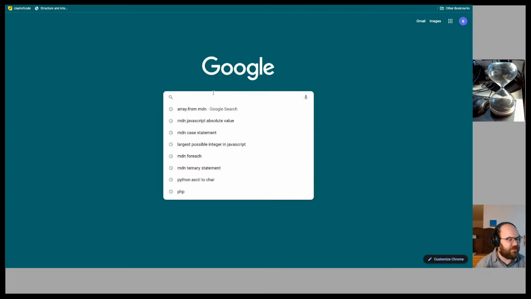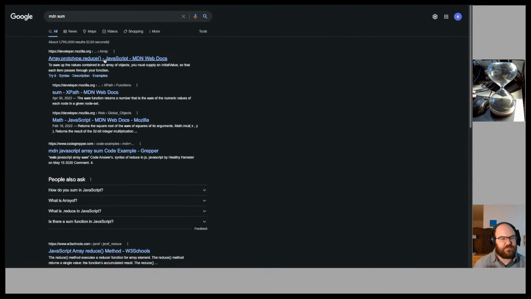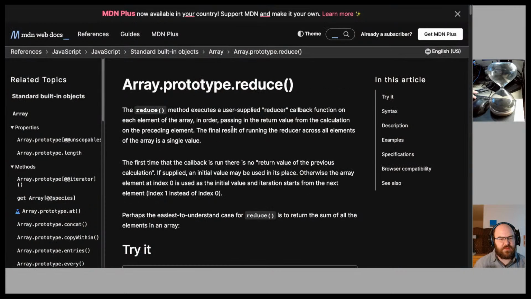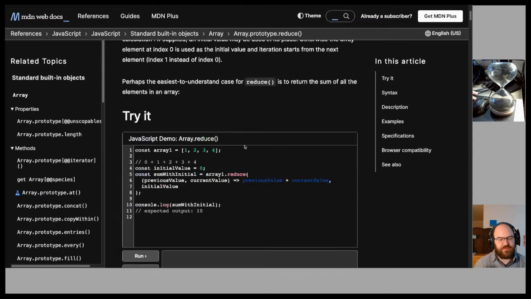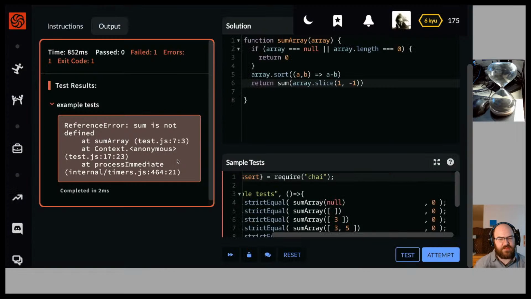Okay, what else can we do for this? MDN sum. The reduce method executes a user-supplied reducer callback function on each element of the array in order, passing the return value from the calculation on the preceding element. Let's just look at an example. I copy this into here.